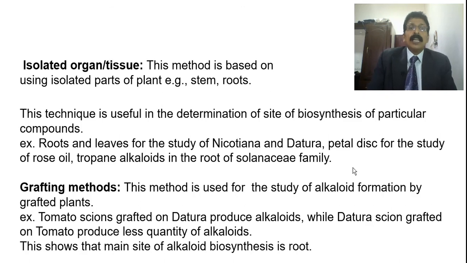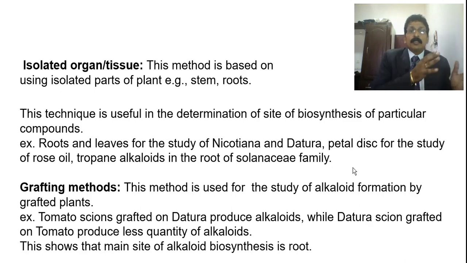Example, roots and leaves for the study of Nicotiana and Datura, petal disc for the study of rose oil, tropane alkaloids in the root of Solanaceae family. Grafting methods: this method is used for the study of alkaloid formation by grafted plants. Example, tomato scion grafted on Datura produces alkaloids.